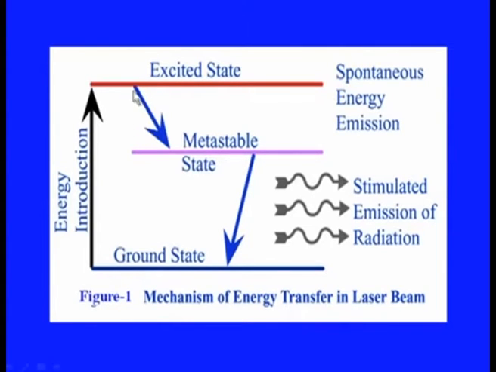But this state is an unstable state and it always tries to come down to the lower energy state, and therefore, they jump to the next energy level, which can be a metastable state, and then to the ground state again.